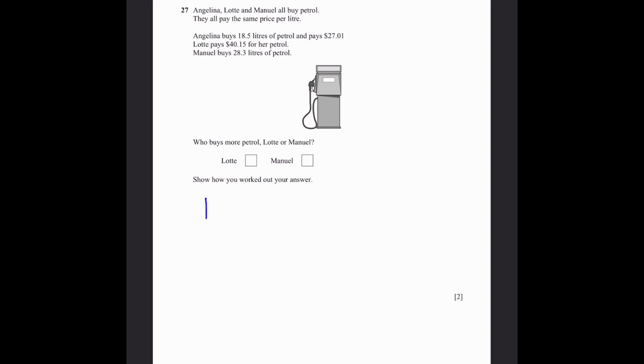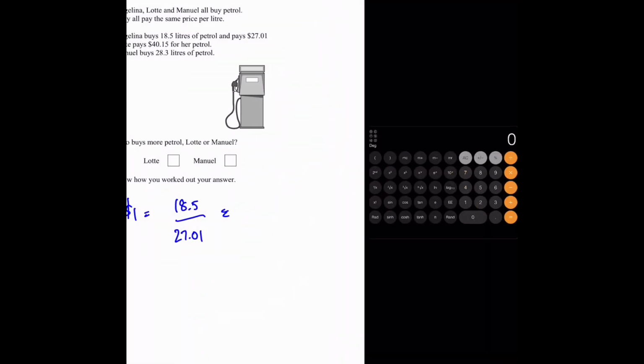So for $1, we get 18.5 divided by 27.01 liters. Using a calculator, 18.5 divided by 27.01, we get 0.6849 liters of petrol. This is approximate.